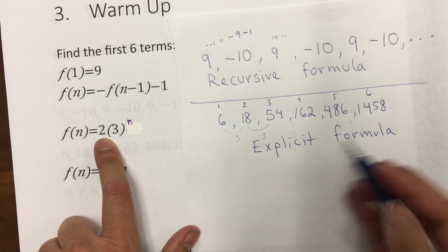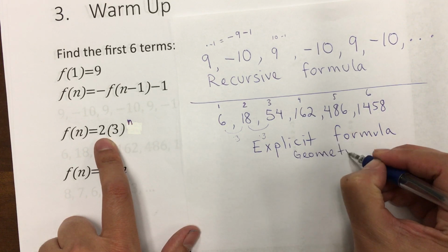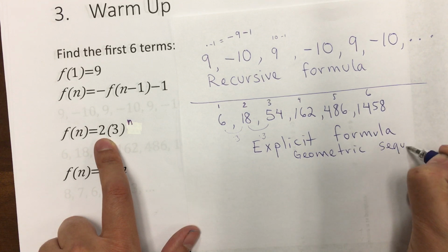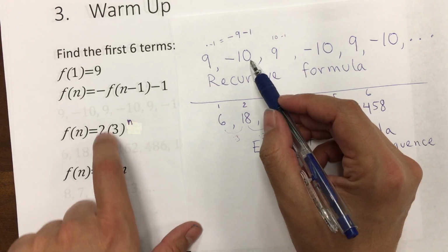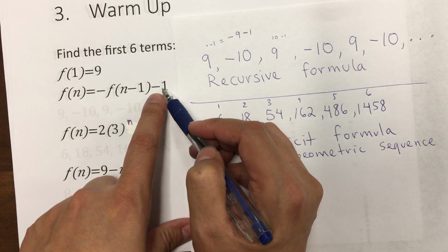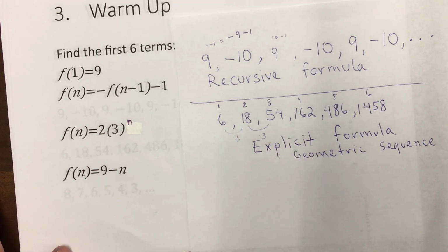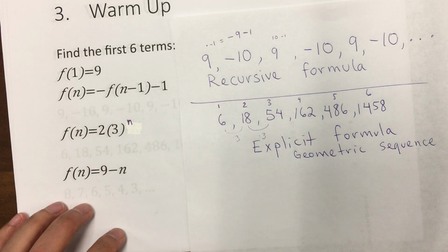We are multiplying, so we can say that this is a geometric sequence. Over here, we're multiplying and subtracting, so basically we have a little bit of both. We have geometric and arithmetic sequence.